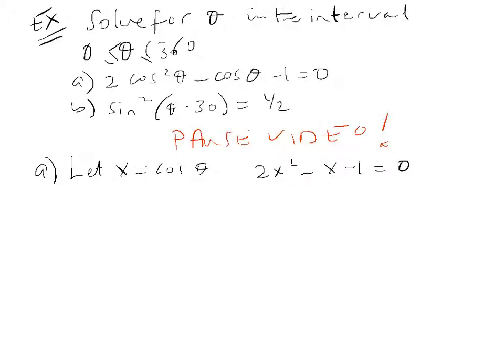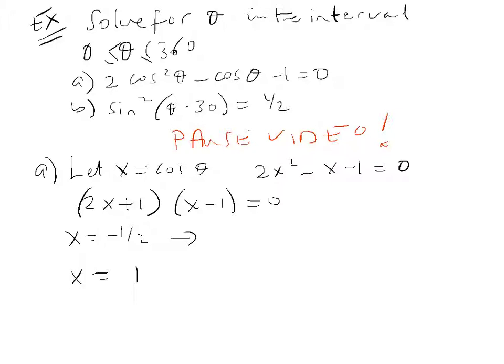If we factorize this, we should get 2x plus 1 and x minus 1 equals 0. And therefore x equals minus a half, or x equals 1. I can now substitute back in, so I've got cos theta equals minus a half, or cos theta equals 1.